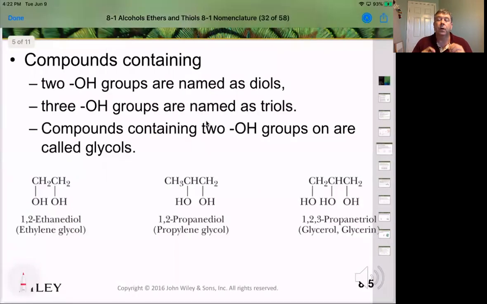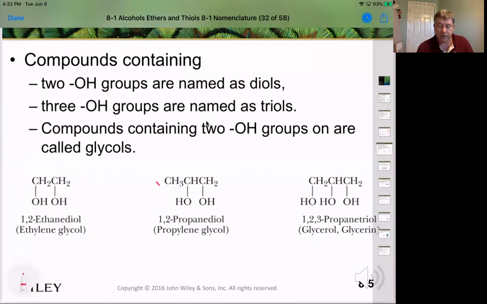Okay, so you can have more than 1 hydroxy on a compound, and when you do, you can call them diols, and when you have 3, you can call them triols. Just like you can have a trichloro compound, it would be a triol. So in this case, you would name the parent compound, keep the E on the end, and add diol or triol.